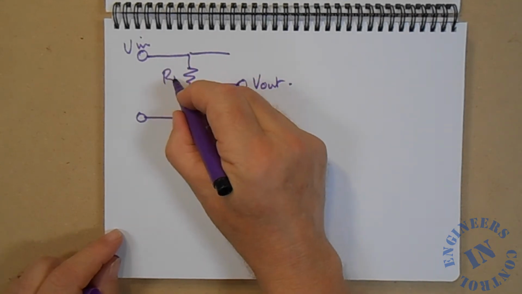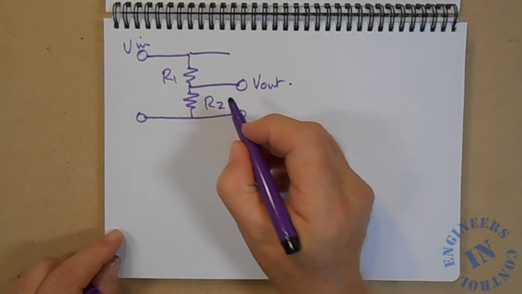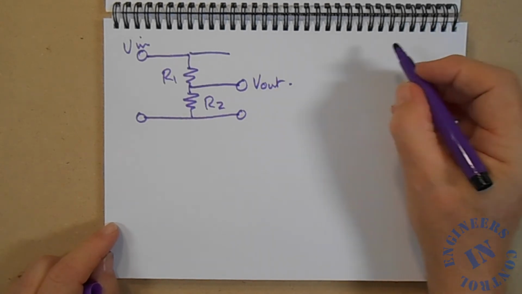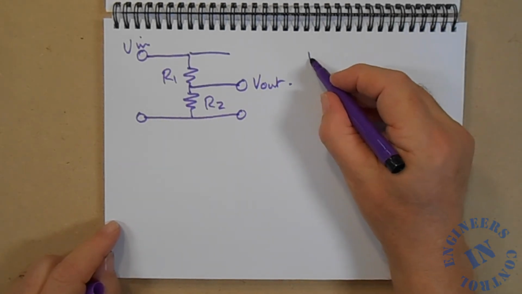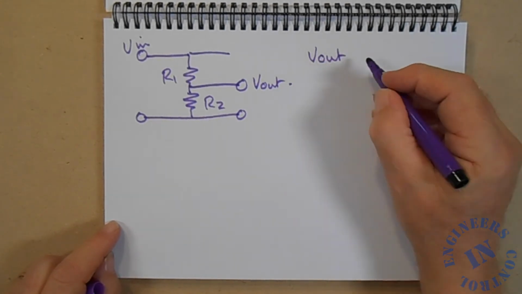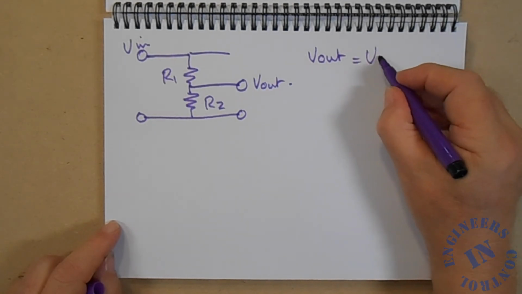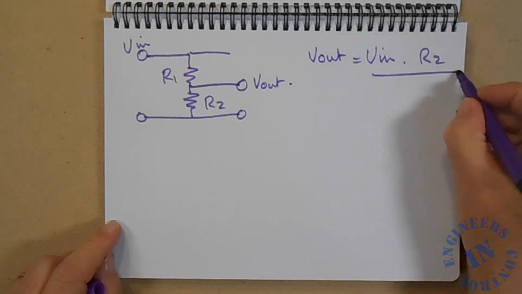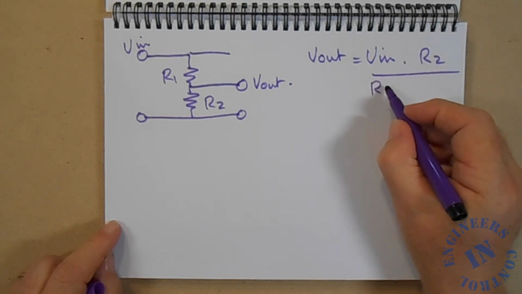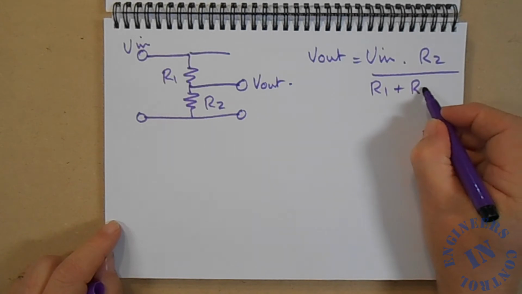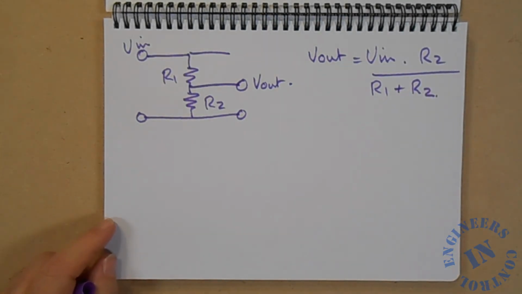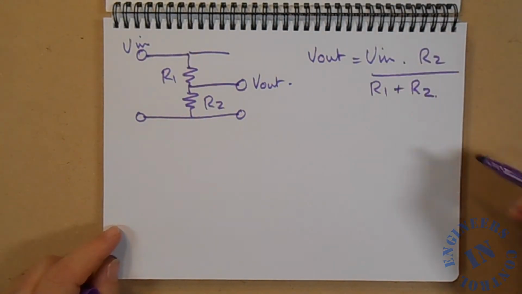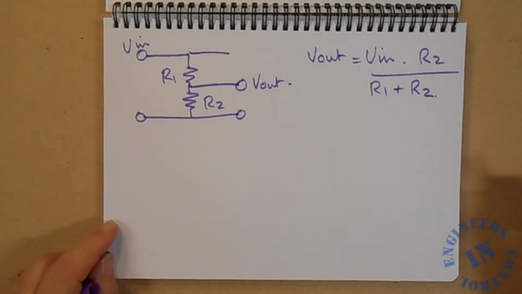That's R1, that's R2, and the equation for V out is given here. If you're familiar with Ohm's law, you should be able to derive that fairly quickly.